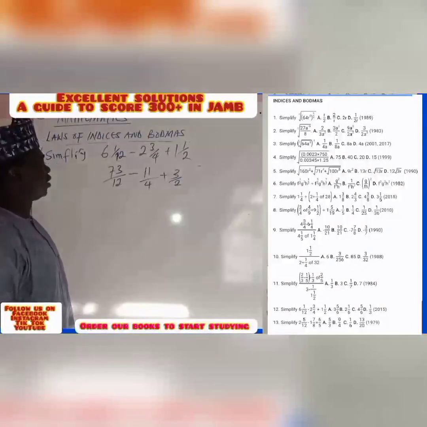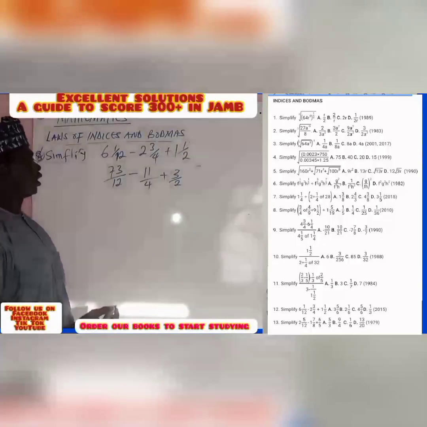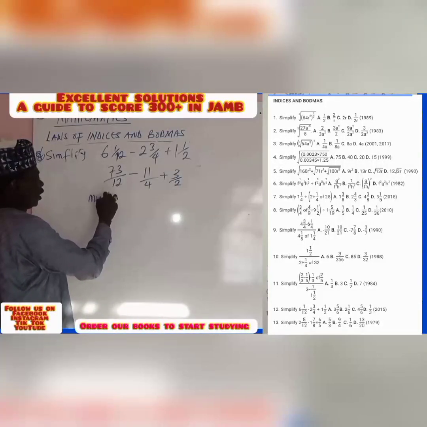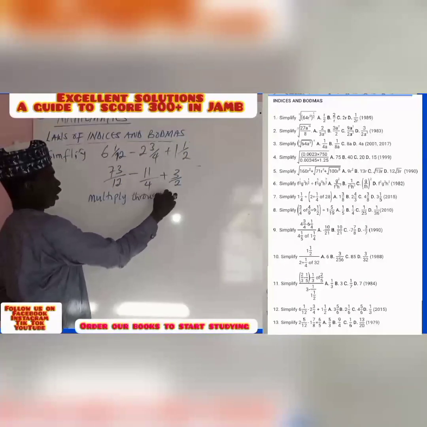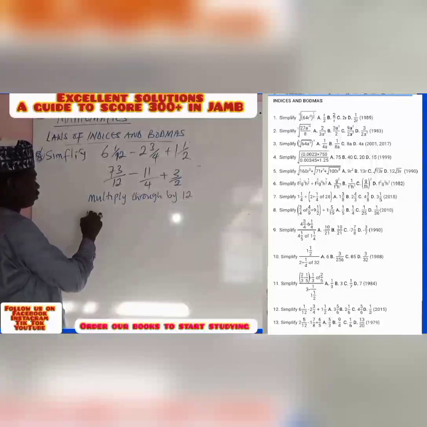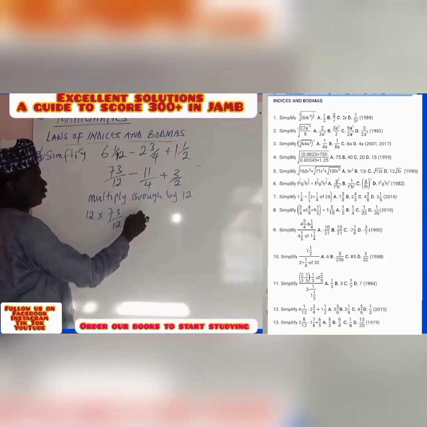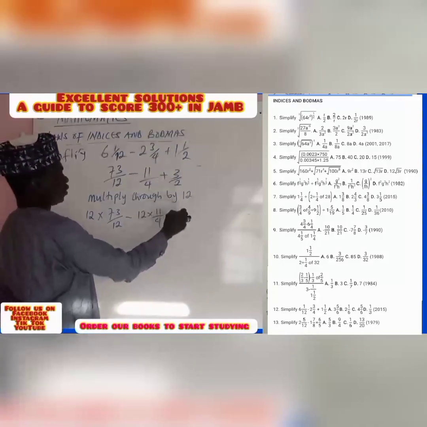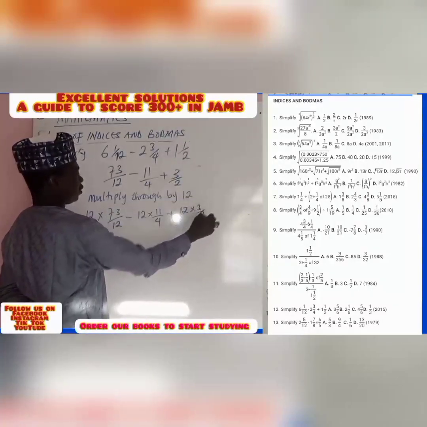So we look at this, the LCM of 12, 4 and 2 is 12. So let's multiply by 12. So here we are going to have 12 times 73 over 12 minus 12 times 11 over 4 plus 12 times 3 over 2.